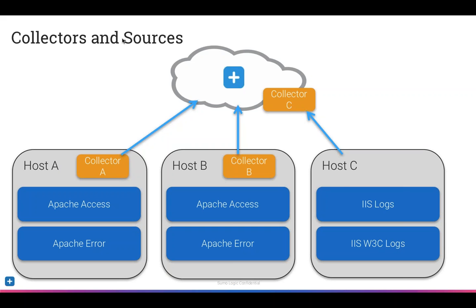Host A and host B have what we call an installed collector, which is a small agent that gets installed, and it's picking up all the log files that you specify from those two different hosts. Host C, on the other hand, is using what we call a hosted collector. This is an HTTP endpoint, and you can have a script sitting on host C sending data to collector C. For example, you could use curl to send data over to collector C.